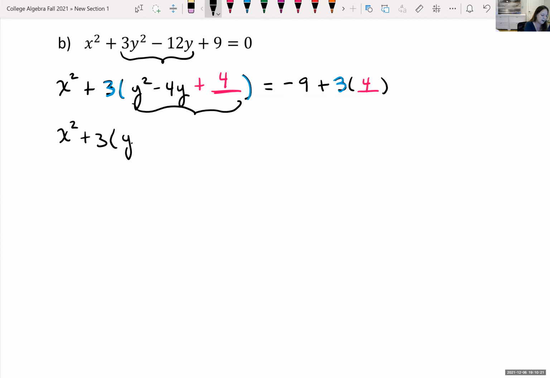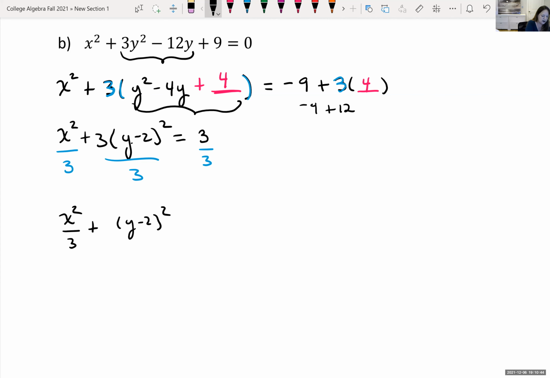So that would be y minus 2 quantity squared is equal to -9 plus 12, which is 3. Now let's divide all sides by 3 to put it in that standard form of an ellipse. And so we have x squared over 3 plus y minus 2 quantity squared all over 1 is equal to 1.